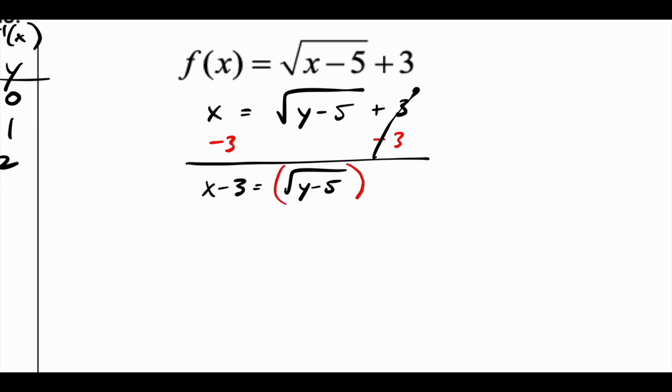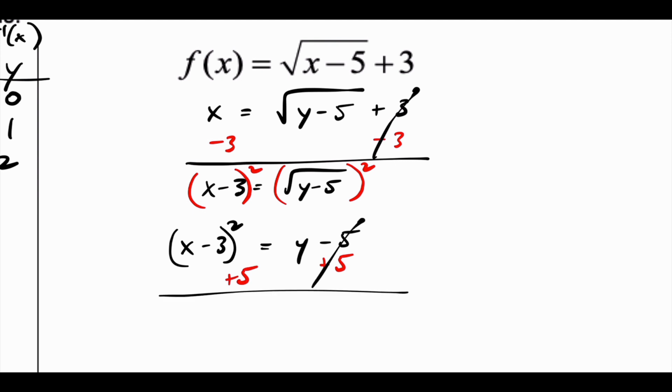Take the square of both sides to get rid of the root. And then add 5 to both sides. So y equals x minus 3 squared plus 5.